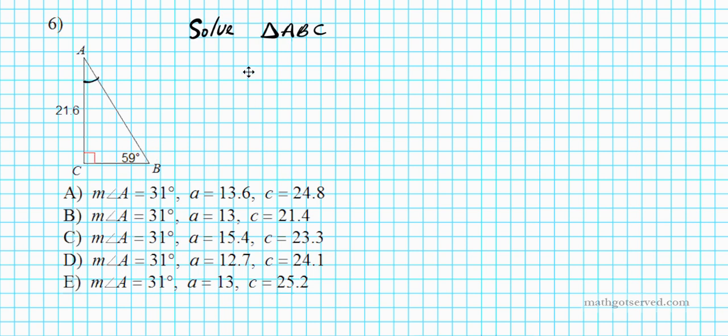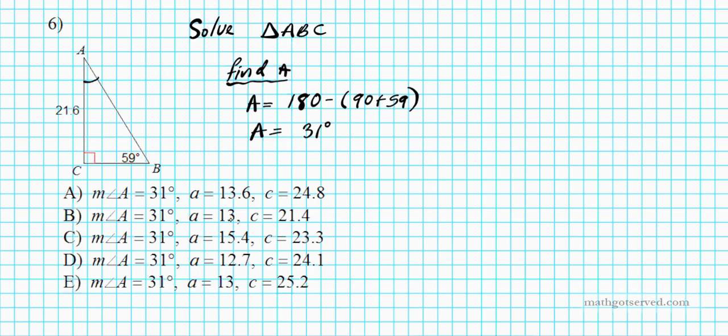To find angle A, I'm going to use the triangle angle sum theorem. Angle A is 180 minus the sum of the other two angles, 90 plus 59. If you plug that into your calculator, you end up with 31 degrees as the measure of angle A. Now, if you notice in your options, that's not an optimal variable to determine because all the A's are the same.